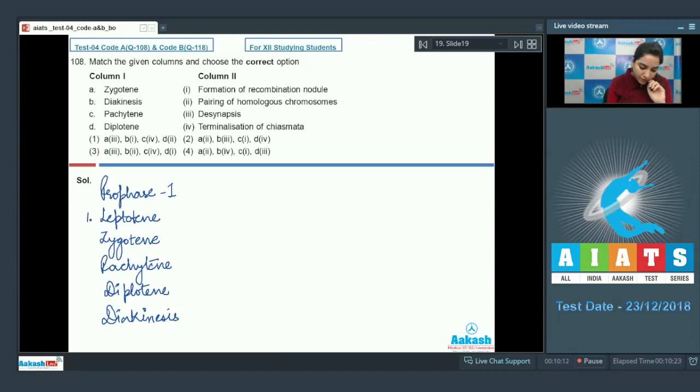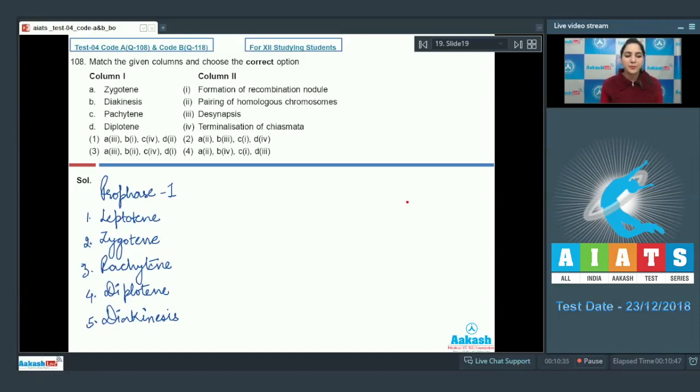So in order to remember this, some students have different mnemonics. For you, I can give you one tiny mnemonic. Lazy zebra pulls dead donkeys. Just to remember that, lazy zebra pulls dead donkeys.